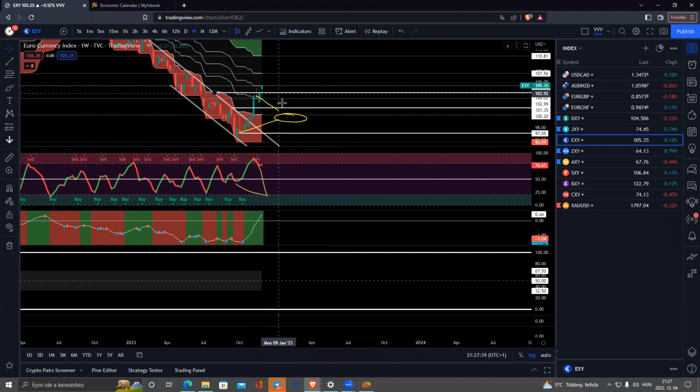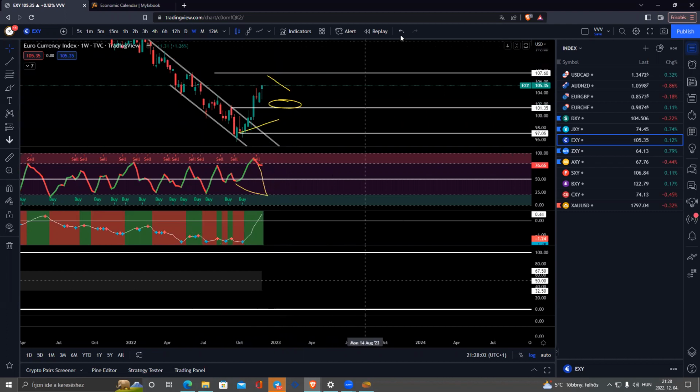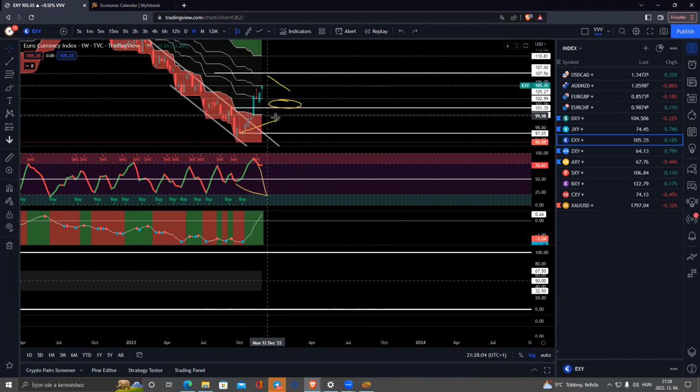So we need to make a retest, but as I see, this could even be moving there to the 61 like the XY to 38, and then I would say if I look at the longer term dollar, this is going to be all the way down in the next move.